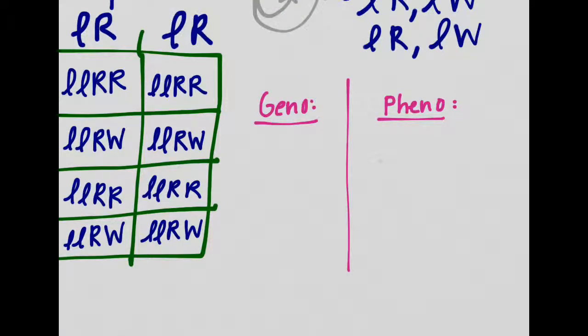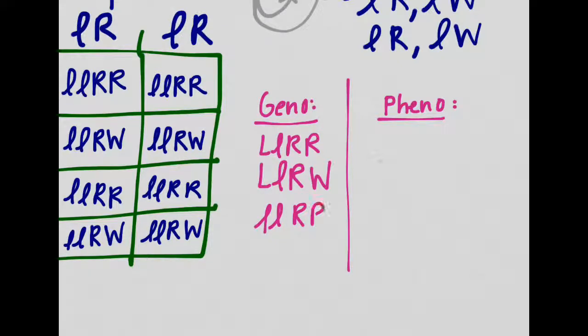We know there are 16 boxes, so we'll find our ratios here. But we have one genotype that is big L, big R, one that is big L, big R, big W, one that is little l, R, little l, R, W. So we only have 4 genotypes there.